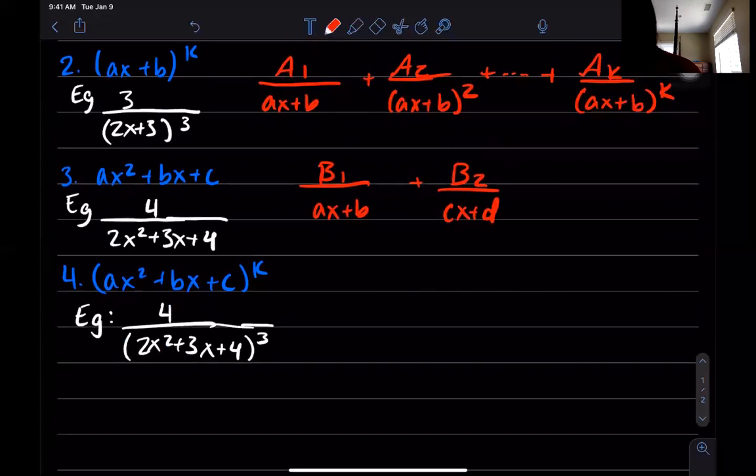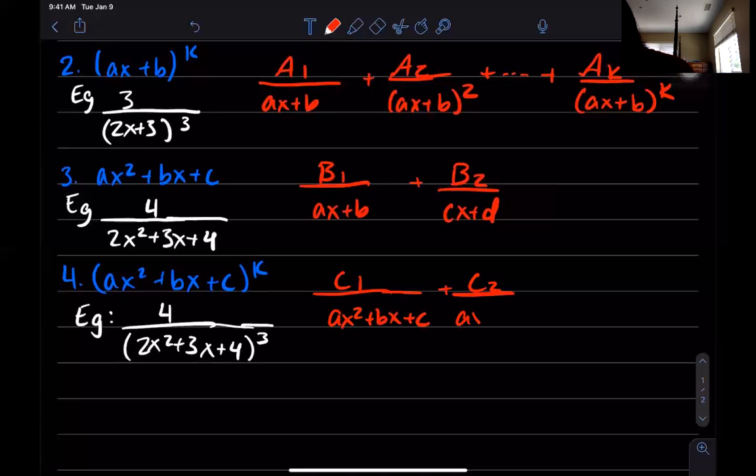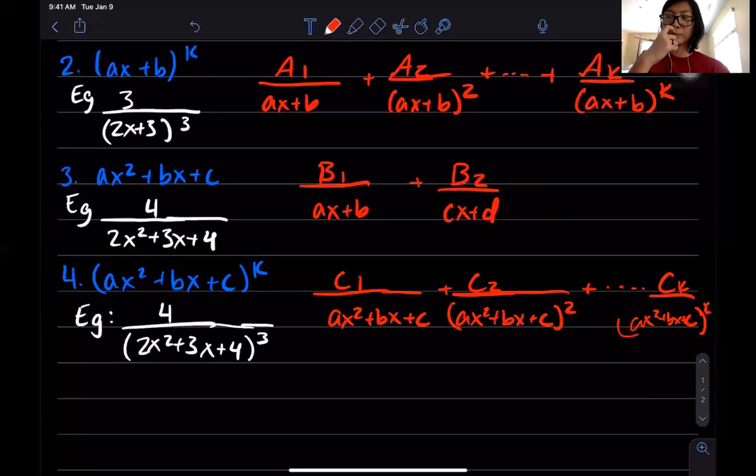So first we're going to have something like c1 over ax squared plus bx plus c, plus c2 over ax squared plus bx plus c, all of this squared, plus all the way until you get to ck over ax squared plus bx plus c, all of that to the power of k, right? So those are the 4 main cases.